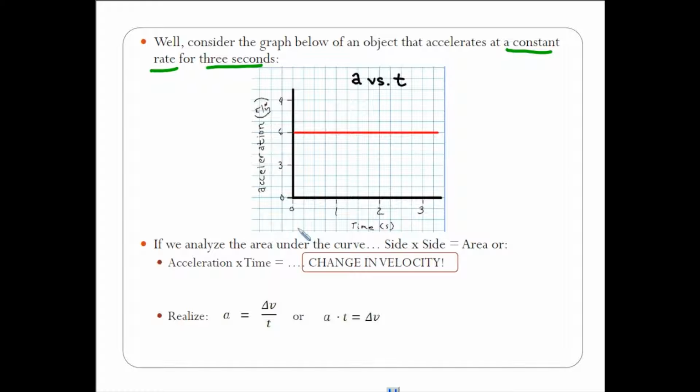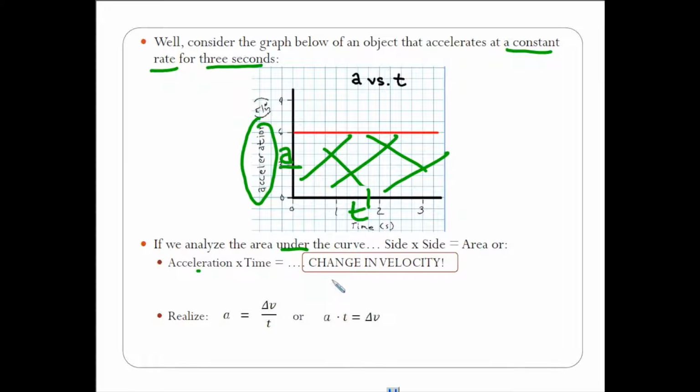If we analyze the area under the curve, we can find that side times side, which is equal to area, or for this graph, acceleration multiplied by time, gives us a change in velocity. That's right, it turns out that the area under an acceleration versus time graph represents the change in an object's velocity over some time period.